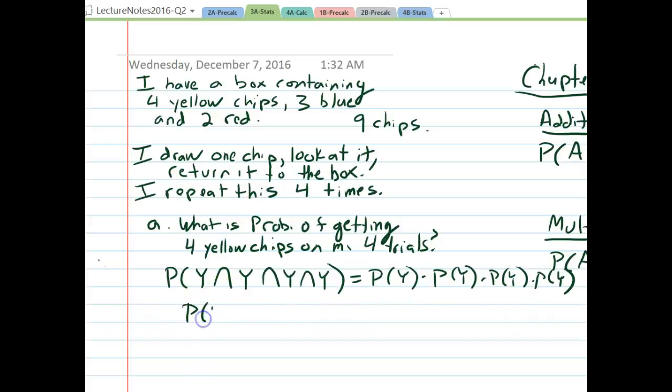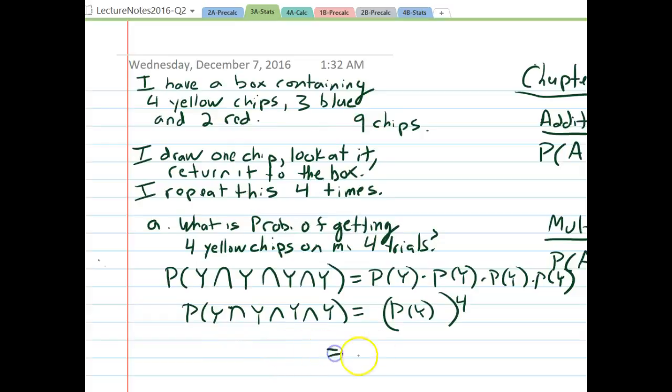So this probability of getting yellow and yellow and yellow and yellow would be the probability of yellow, raised to the 4th power. Now, the probability of getting yellow on one pull is obviously 4 out of 9, because there are 4 yellow chips out of 9.